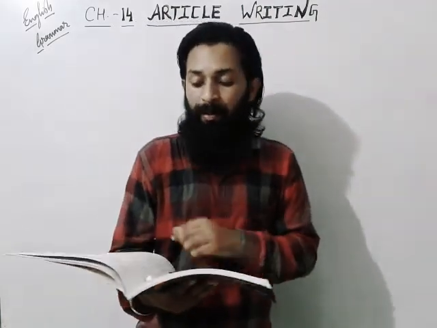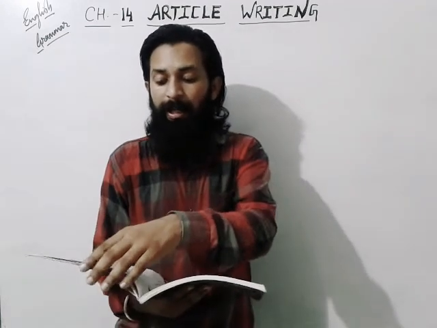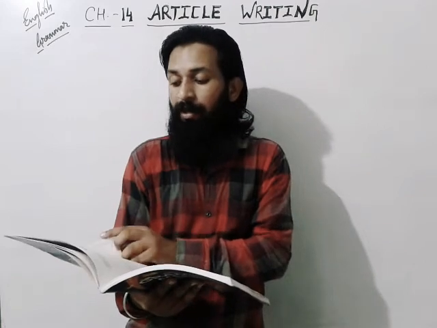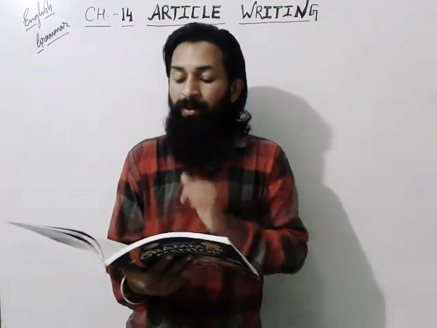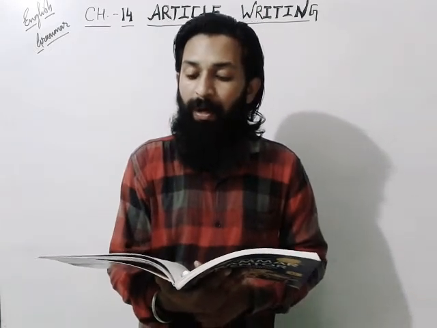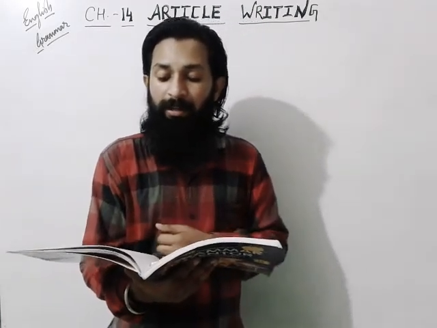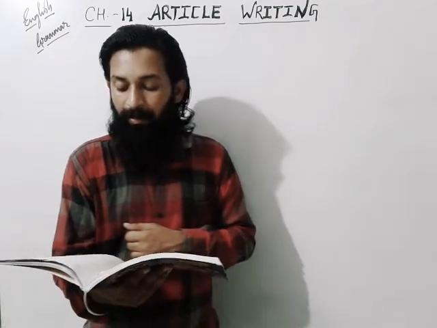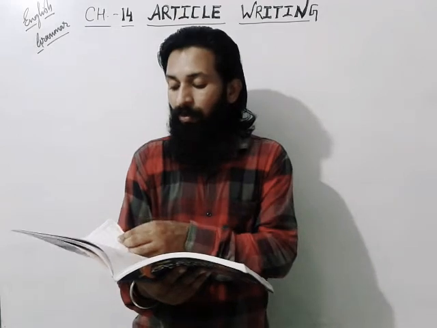And if we talk about Think and Answer, then three article topics are given here. You have to write the article in 100 words. The first one is given: Varun is pained to see the condition of old people who are not cared for by their children. The second one is: children today have become slaves of technology. The third one is: the latest trend among students, their obsession with junk food.